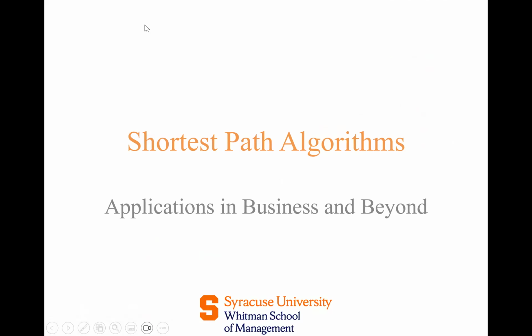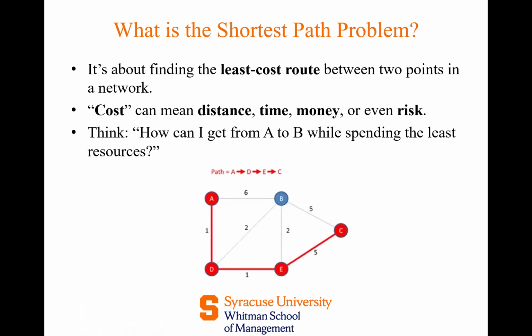Perfect. So, shortest path algorithm, why do we care about this? Because it will help us to find the least cost route, and the cost doesn't have to be money. It can be distance, time, money, or risk. For example, the shortest path to reach from point A to point C would be to go from A to D, which will cost us one amount.